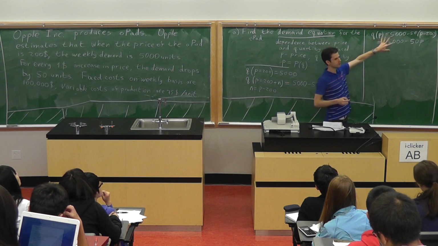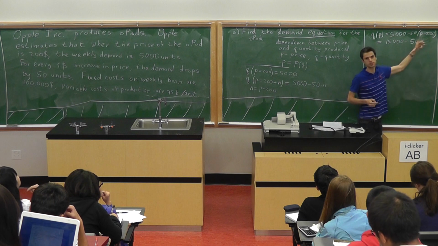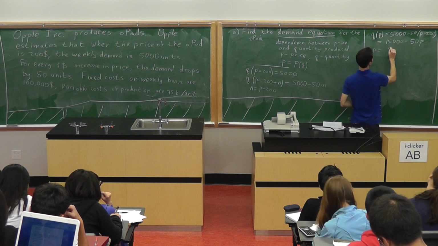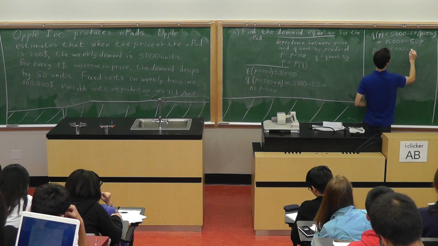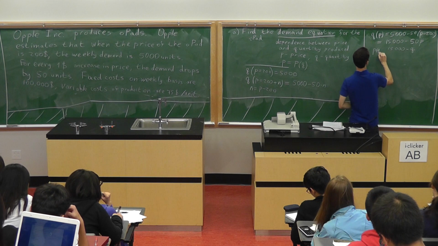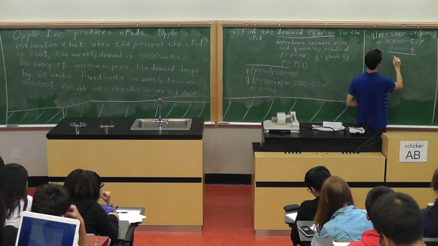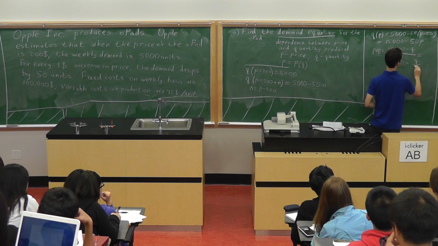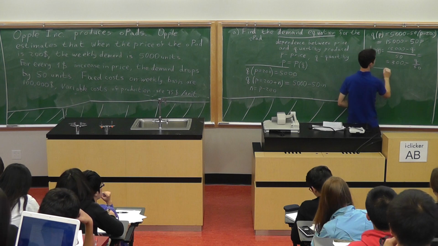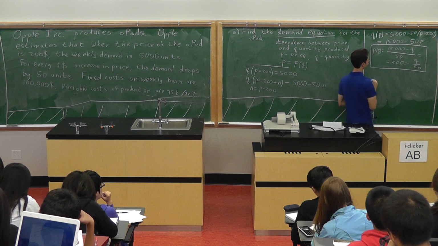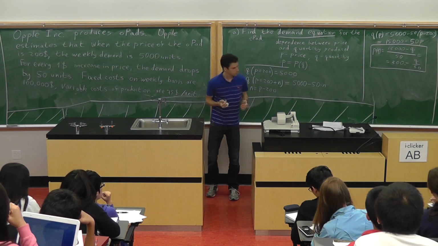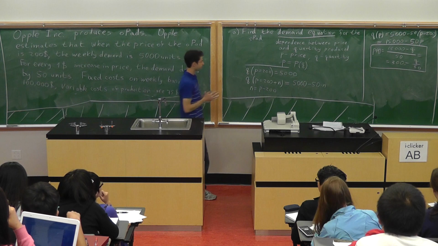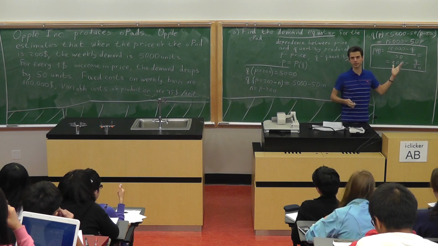So from this equation, we want to express the price as a function of quantity, and finally we get that the price is 15,000 minus Q, divided by 50, or 300 minus Q over 50. Okay, great. So now we have this demand equation.